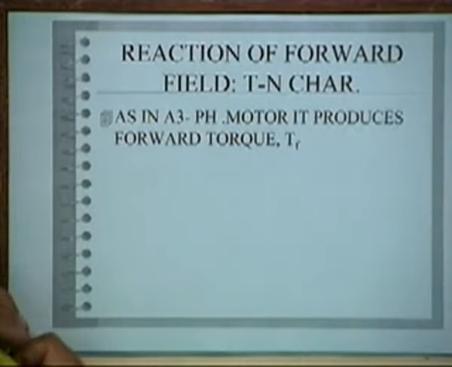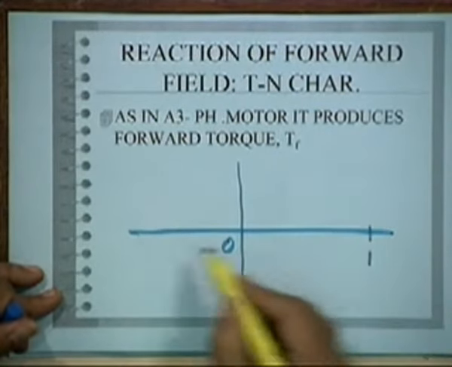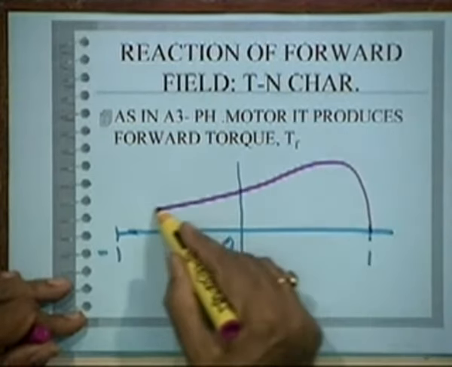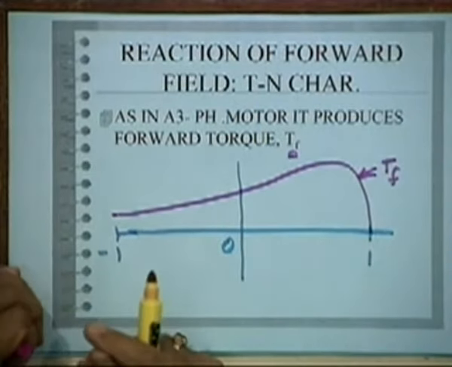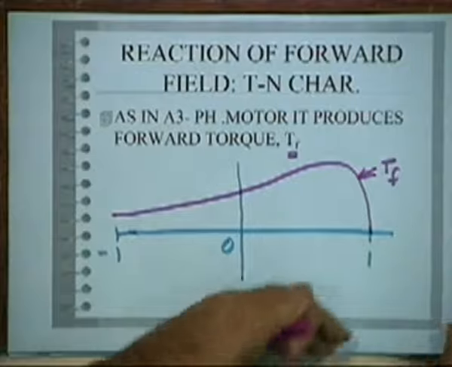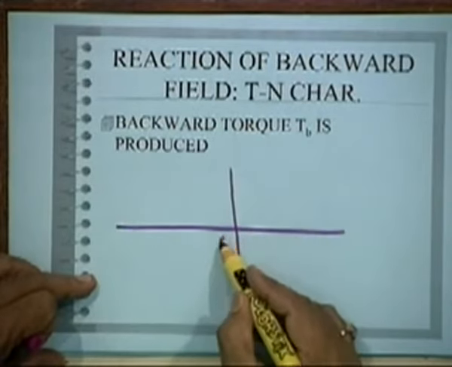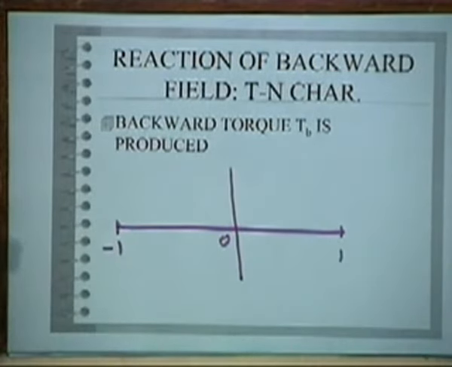So the forward field, let us say, will have a torque speed characteristic, with axes 0, 1, minus 1. What will be the nature of the torque speed characteristic? It will be a standard one, it will go like this. Let us say the torque due to the forward field is TF. Now what will be the reaction due to the backward field? This is the forward field. Now the reaction of the backward field: whatever happens in forward, it happens in the reverse, right?